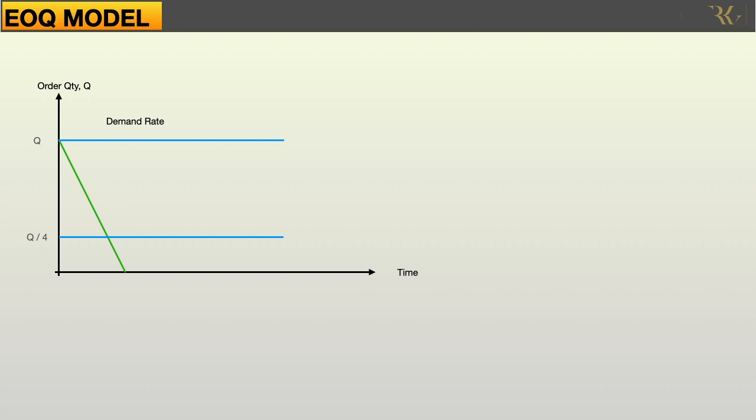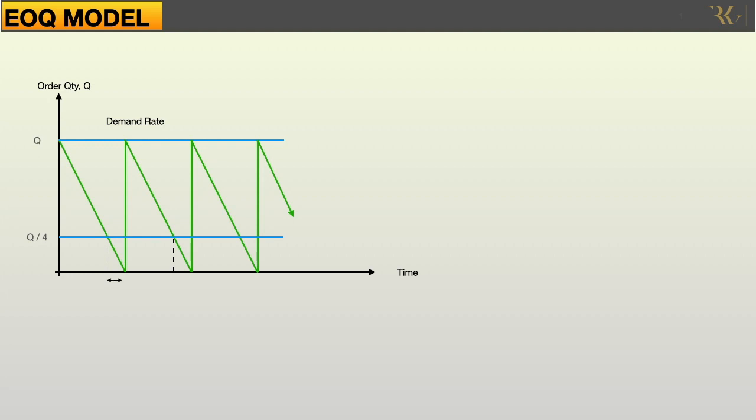At that point we have to place the order for the quantity Q, so that when it goes to the minimum level we receive the order quantity. When we receive the order quantity, our stock will be updated and go up to Q. Then again we will repeat this cycle for the next order also.